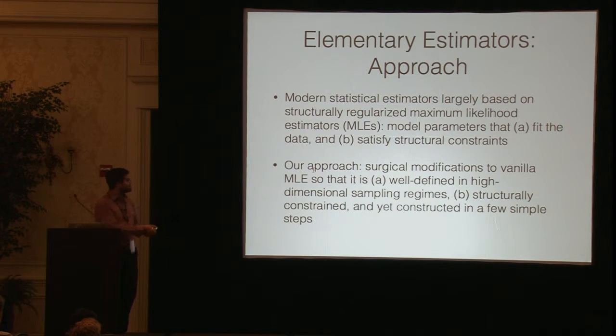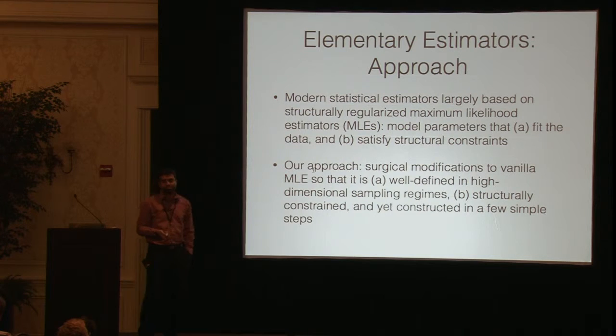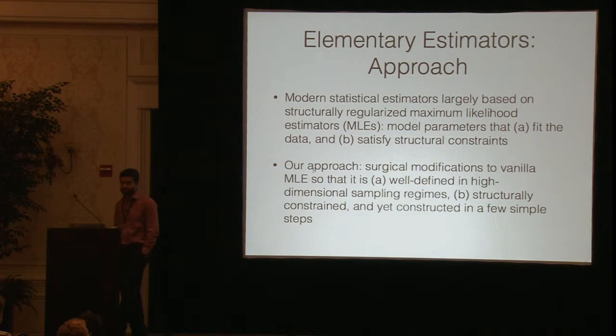And as I mentioned, even though these are great, the optimization problems that these entail typically have to be solved by iterative procedures, and that's not something we want. Okay, so our approach is going to be very simple. We're going to start with the MLE, and we know that the MLE is good because it addresses goodness of fit to the data. But there are a couple of problems with the MLE.